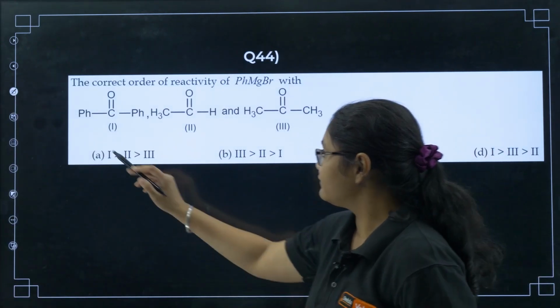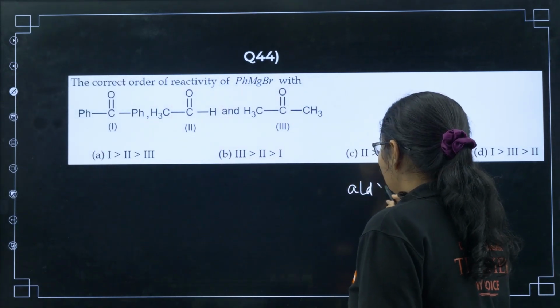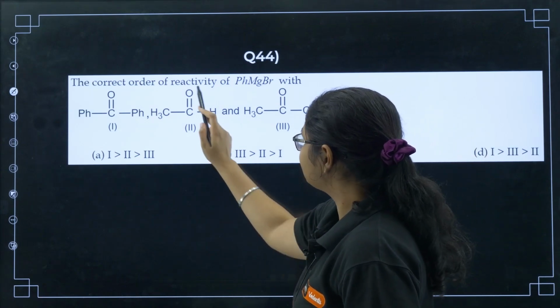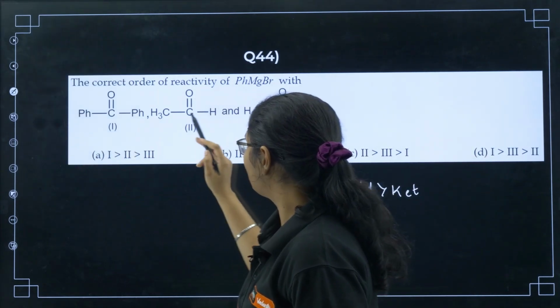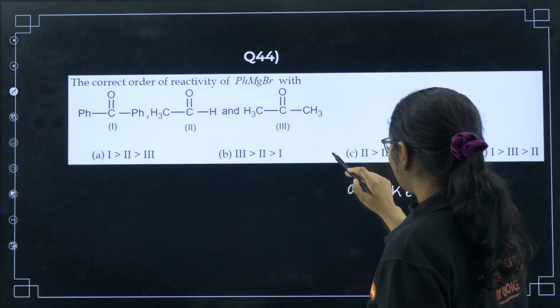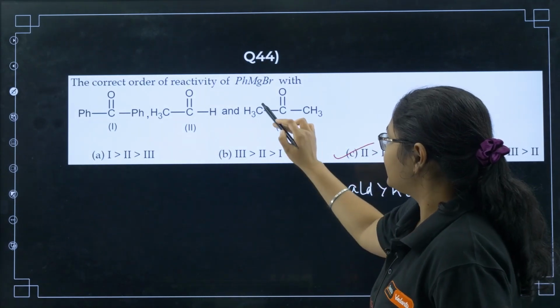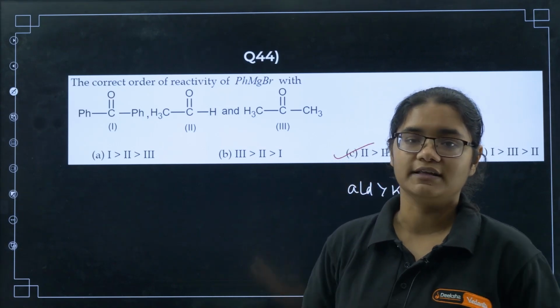Next, the order of reactivity of PhMgBr with these. So always remember what the order is. Aldehydes are more reactive than ketones. Okay, so this is an aldehyde, these two are ketones, so definitely 2 is more reactive. But let's see the others. Less is the steric hindrance, more is the reactivity.